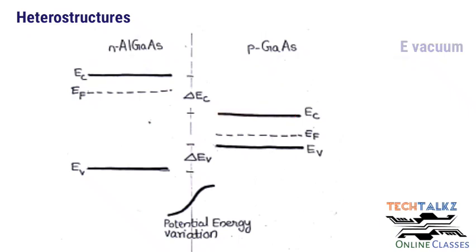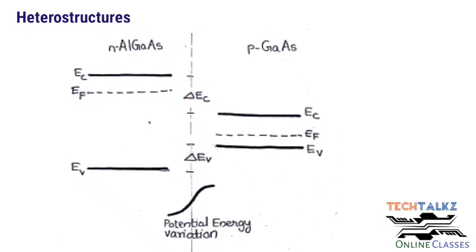Okay. Then at the junction, there is delta EC, that is energy discontinuity between AlGaAs and GaAs for conduction bands, and delta EV for the valence band region. Importantly, the delta EC discontinuity is downwards, and for delta EV, the discontinuity is upwards. This is very important.